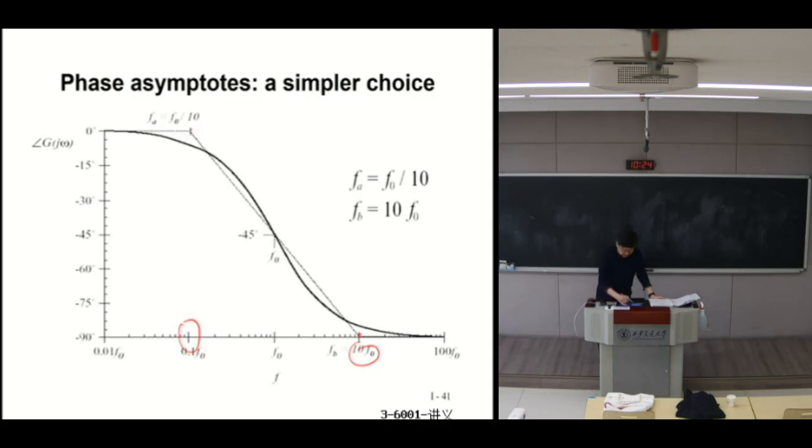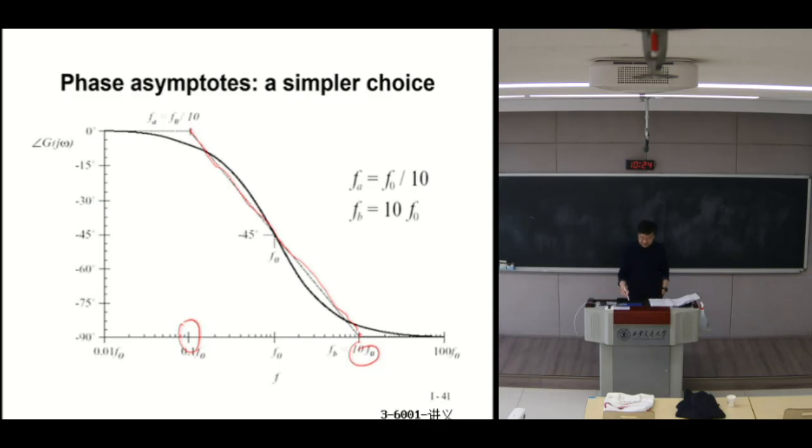And then we just connect these 2 points. That's going to be the third straight line. Okay, that's very simple, much easier to memorize. So 1/10 of F0 and 10 times F0, these two intersection points, and you connect them.